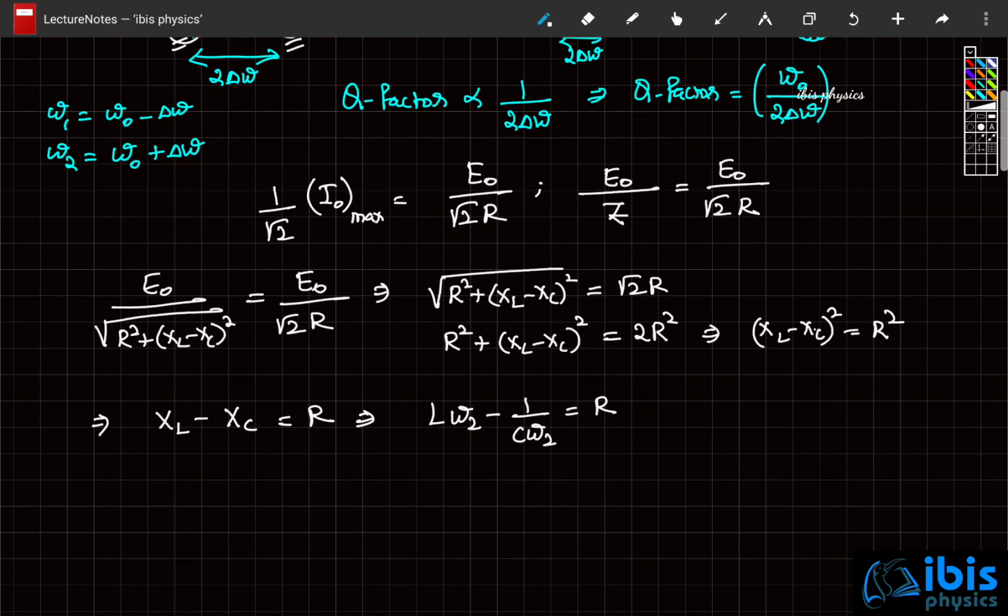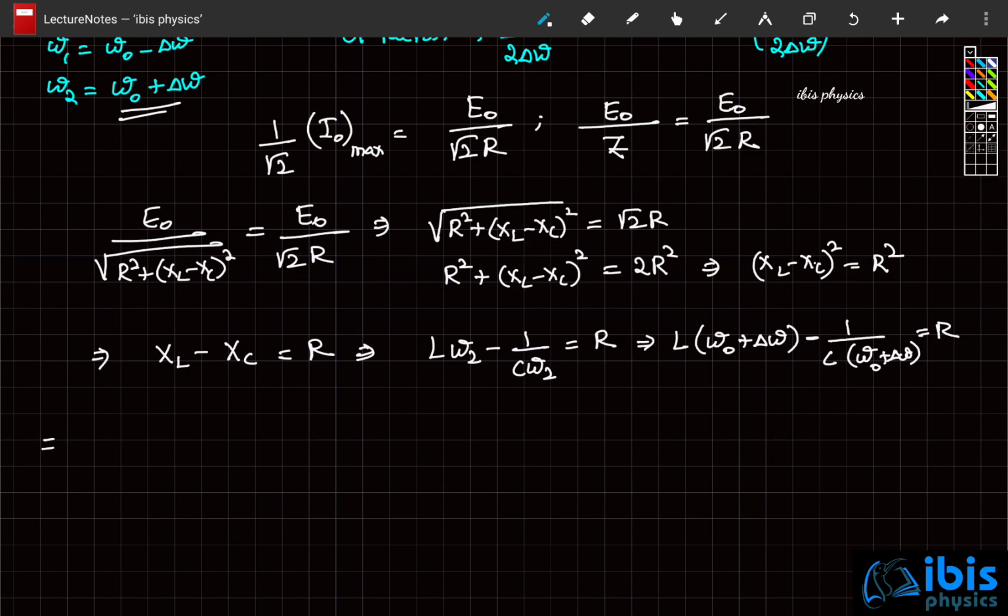So R. So what is omega 2? Omega naught plus delta omega. So here L into omega 2, which is omega naught plus delta omega, minus 1 by C into omega 2, which is omega naught plus delta omega, is equal to R. The next step, I am taking omega naught out: L omega naught into (1 plus delta omega by omega naught) minus 1 by C omega naught into (1 plus delta omega by omega naught) to the power minus 1.